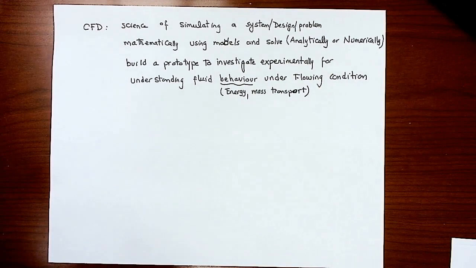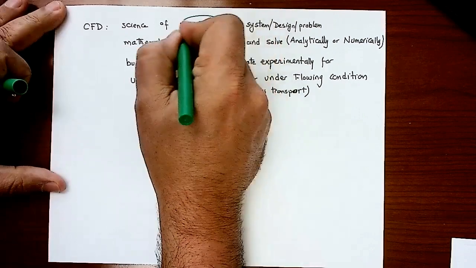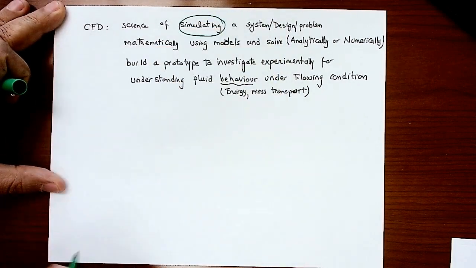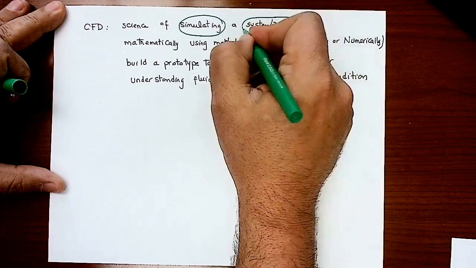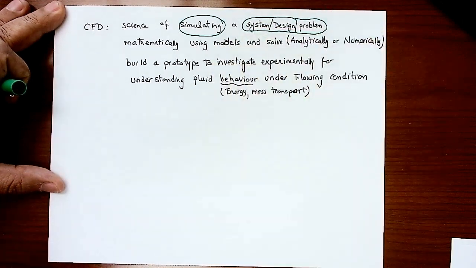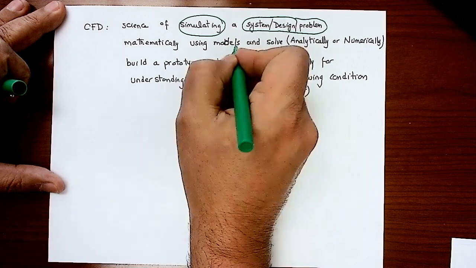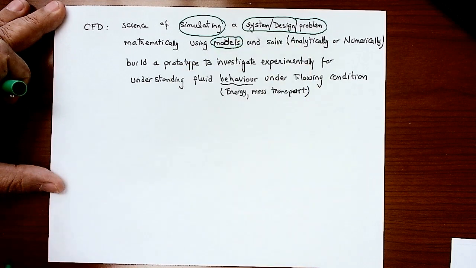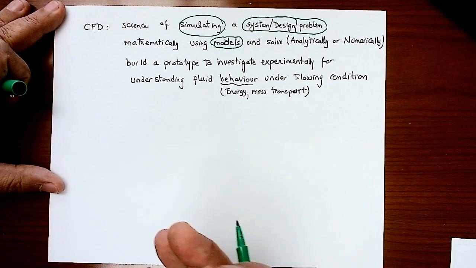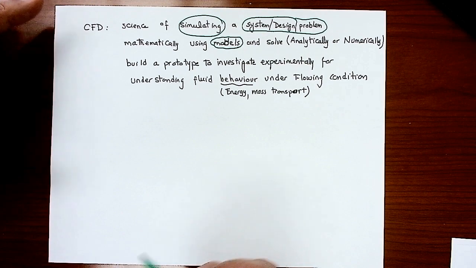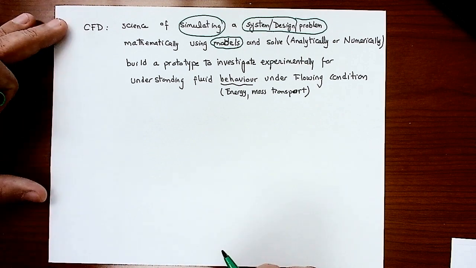So the reason I extended that definition here is because there are a few words that we would like to highlight. You will find the word simulating, that's a key word in that definition. You will find the words design, system, or problem. You will find the word models. And the fluid behavior under flowing condition means that we are trying to do some analysis for that fluid flow.